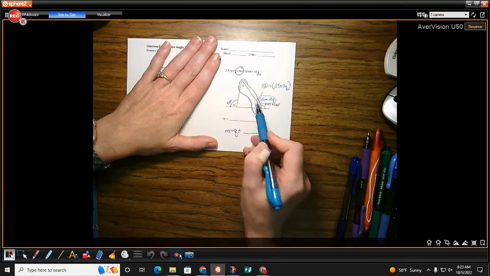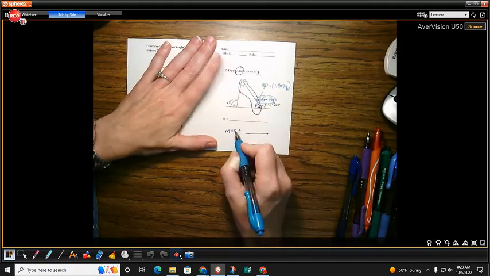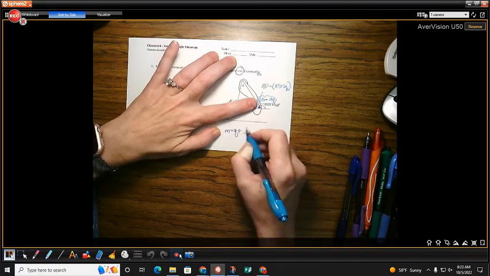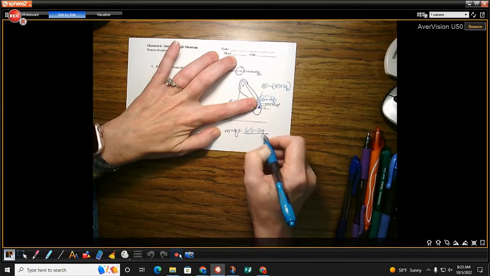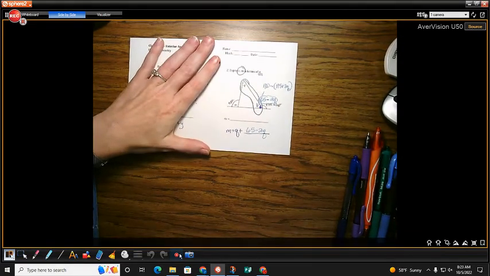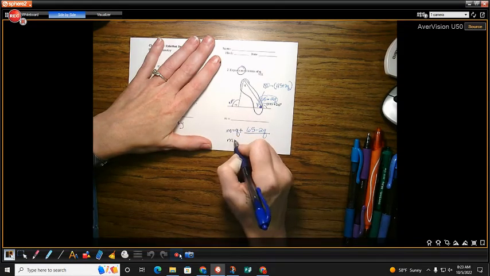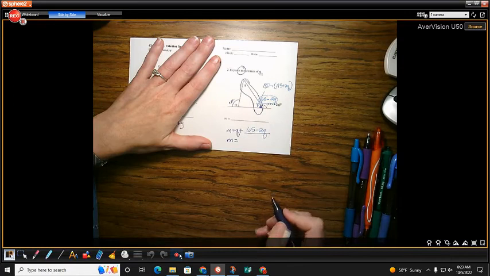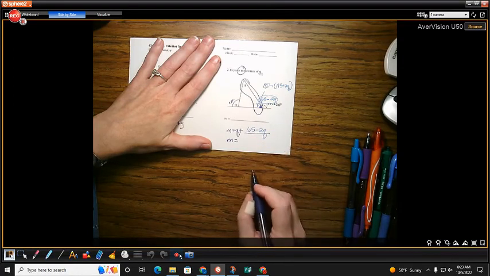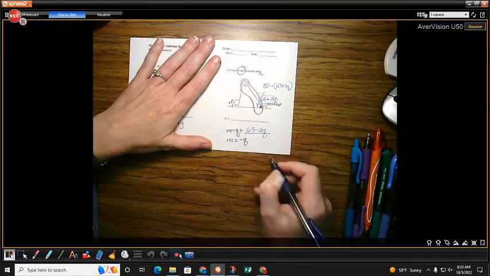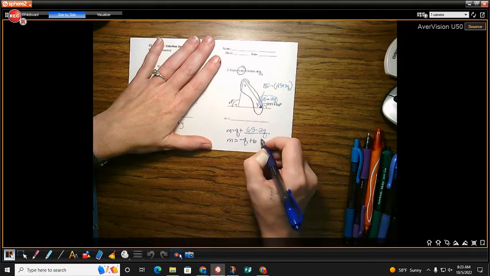These two get added together. So I've already got this q. Now I'm going to put it with the 65 minus 2q that I just found. And so m equals negative q plus the 65.